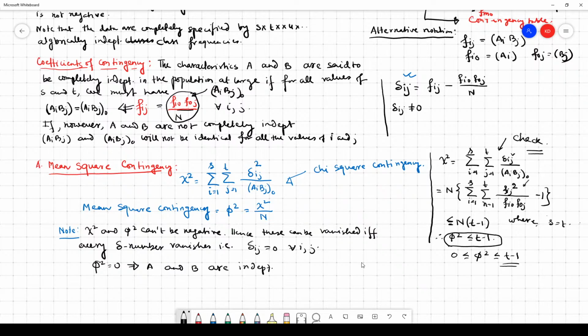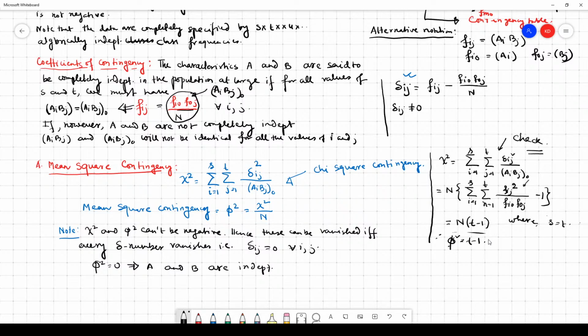That is, this is the limiting value actually, because phi square is, I think it is better to write limiting value. And so this gives the equal to sign when s is equal to t, and this should be chi square equal to phi square equal to t minus 1.